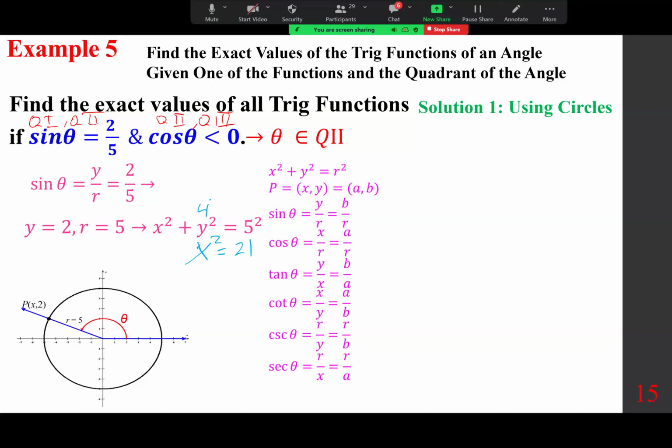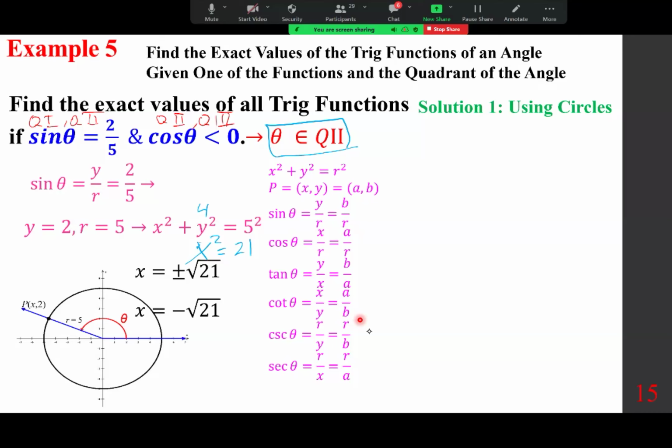So x is plus or minus square root of 21. Now, we pay attention to the quadrant and choose the proper sign. Is this negative or positive? In the second quadrant, x is negative. So you can't choose both of them. Which one do we choose? According to the second quadrant, x is negative square root of 21.